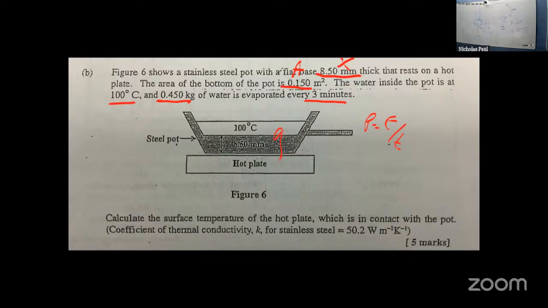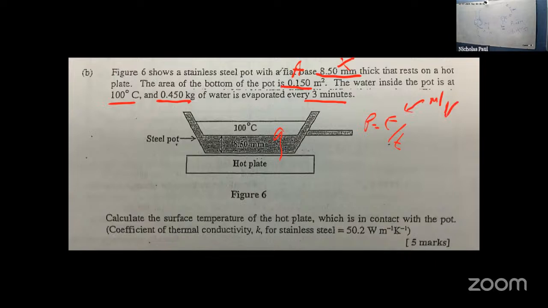How do we get the energy? Latent heat, yeah, it's going to be ML. Right, L_V, well, they would have given you L_V at the beginning of the paper.